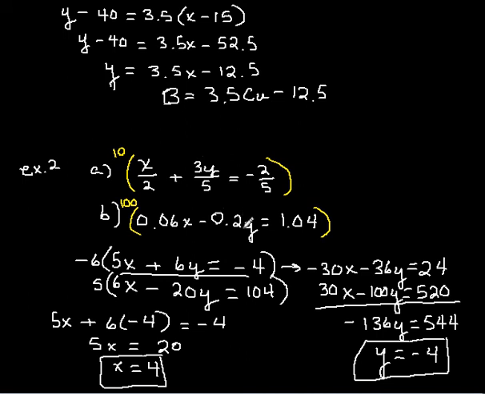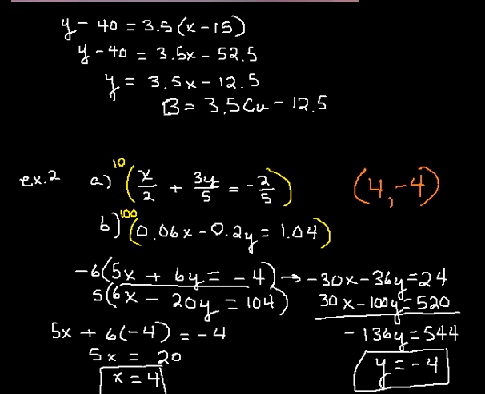So the ordered pair that makes this equation true is x is 4, y is -4. Alright, finally, one more part in this lesson.